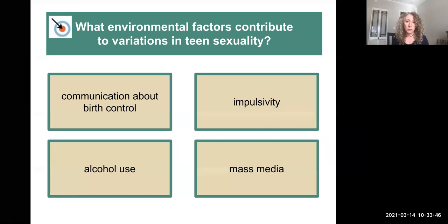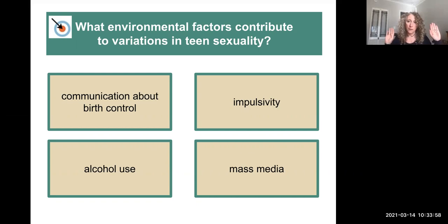You could probably predict that there is a positive correlation. The more impulsivity a teen has, the more likely they are to become sexually active. So it's a correlation, but not a causation, remember.